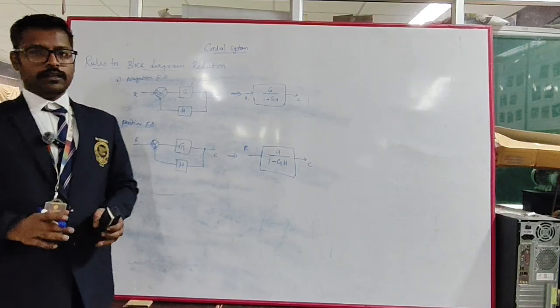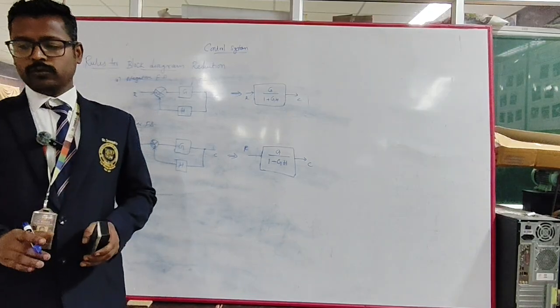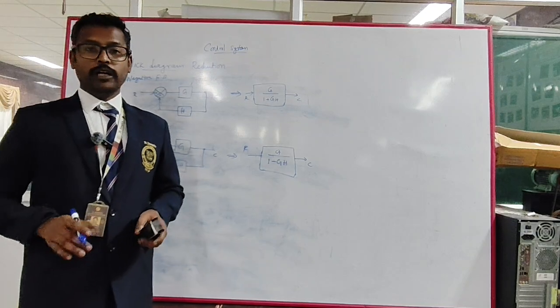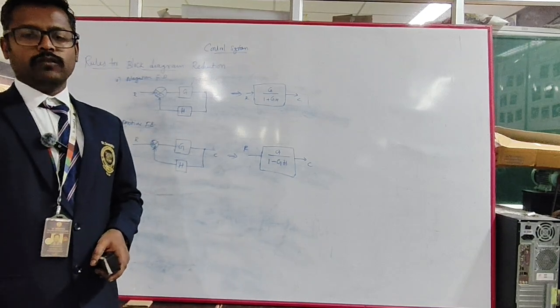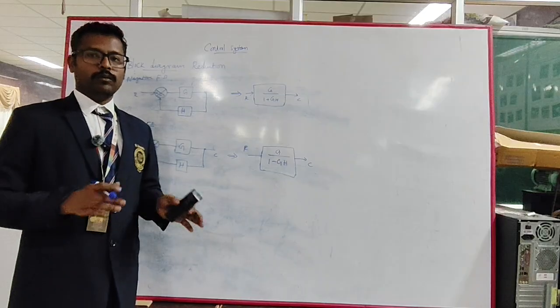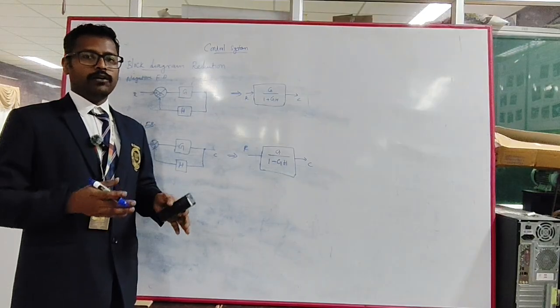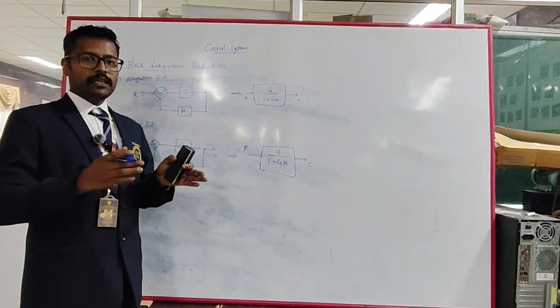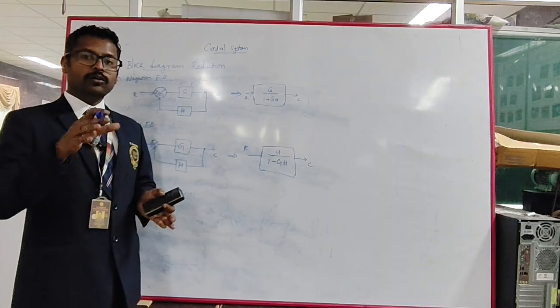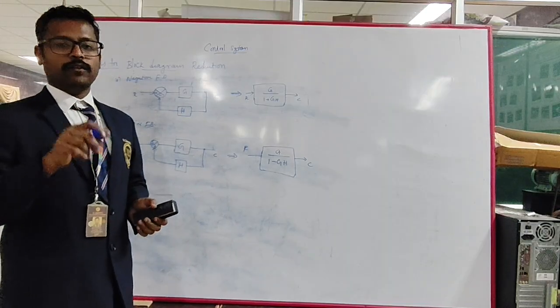Okay, so these are all the basic rules which will be used for eliminating or reducing the blocks. So we can represent any equation as a block, and those blocks can be reduced into a single transfer function in order to derive the system transfer function.